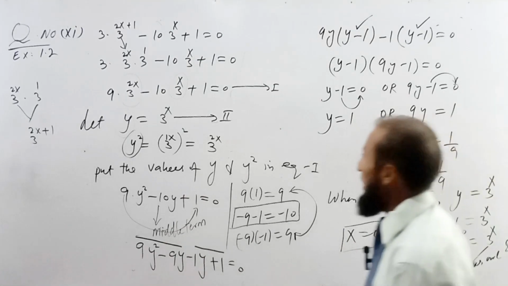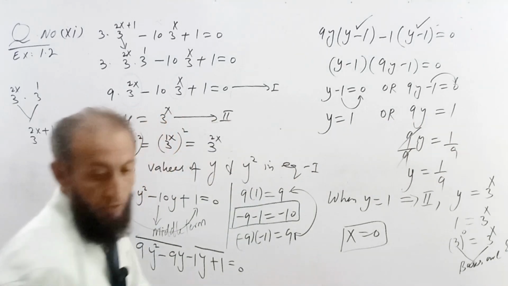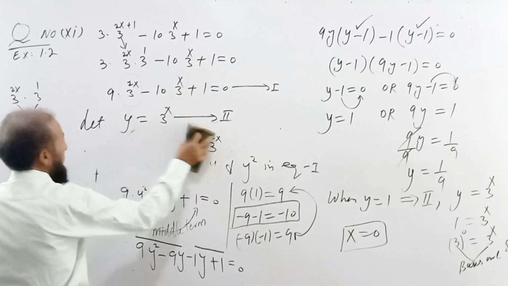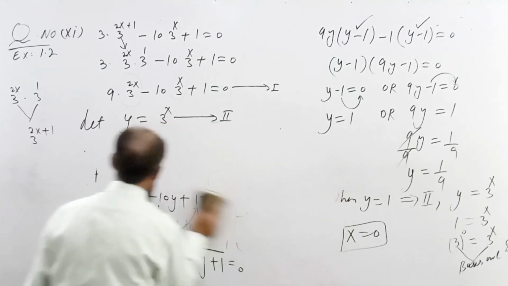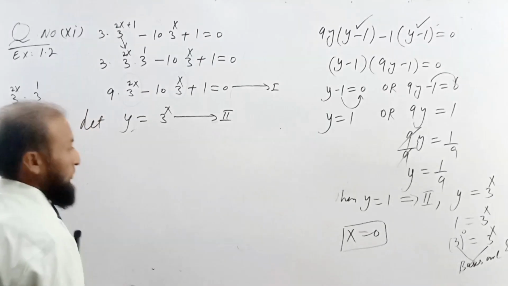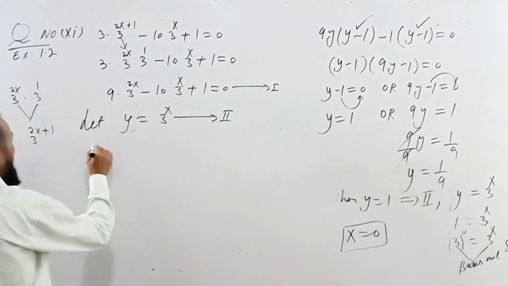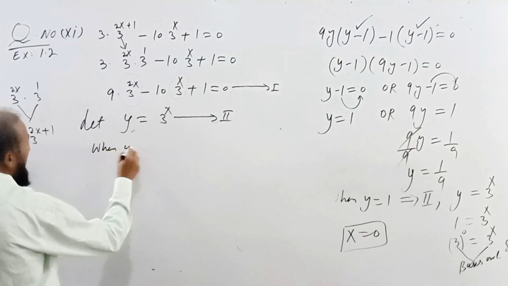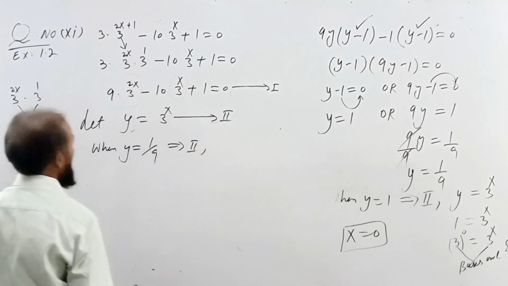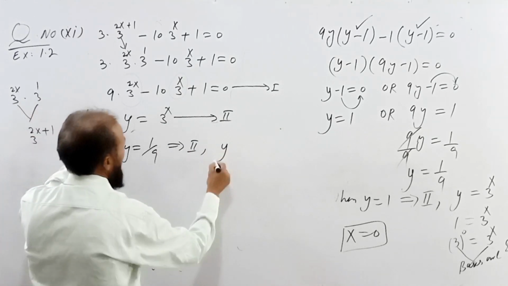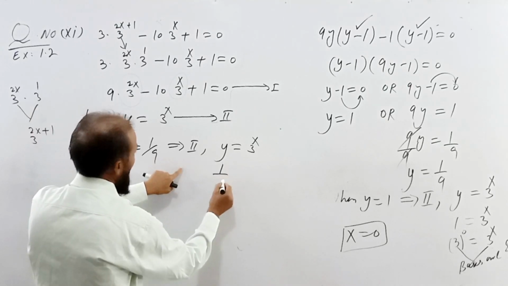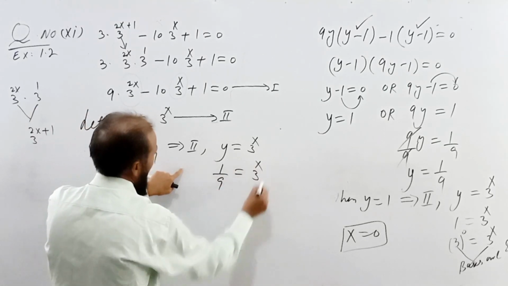Similarly, if we take y is equal to 1 over 9, what is the result? When y is equal to 1 over 9, equation number second becomes y is equal to 3 power x. So in place of y we put 1 over 9, equal to 3 power x.